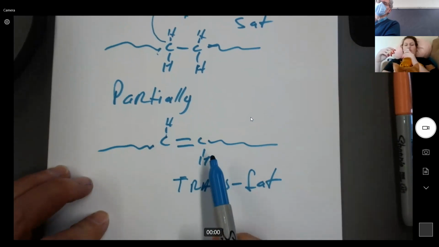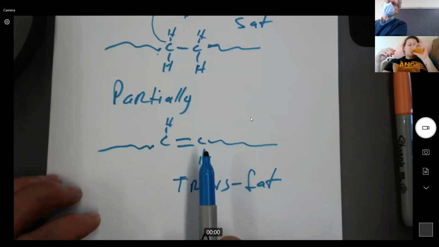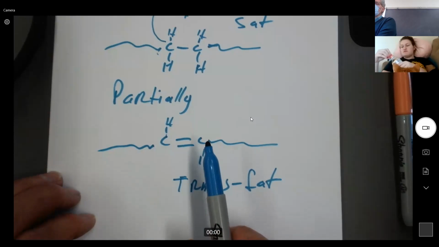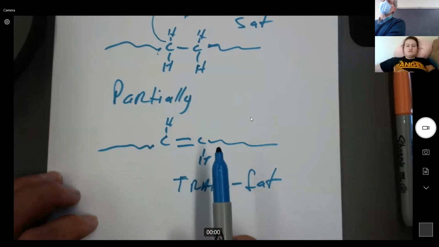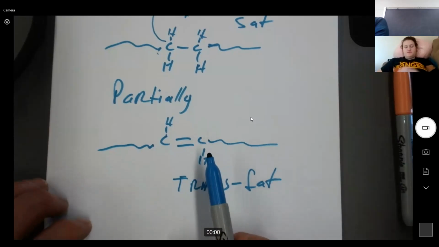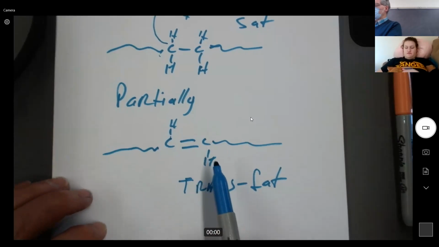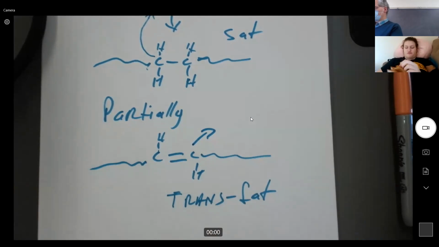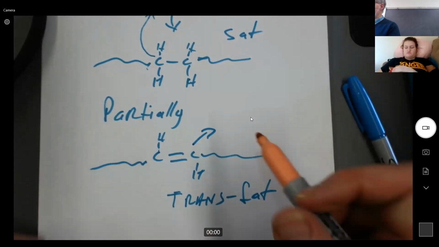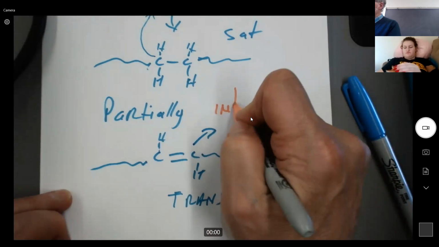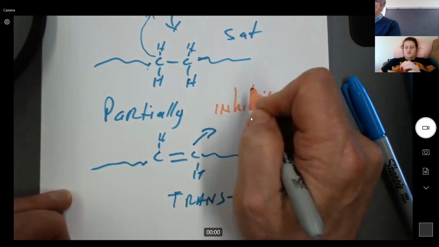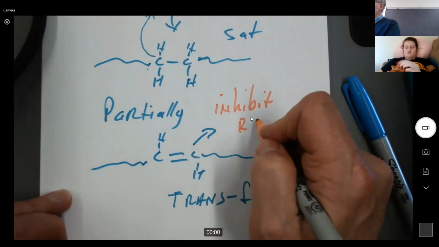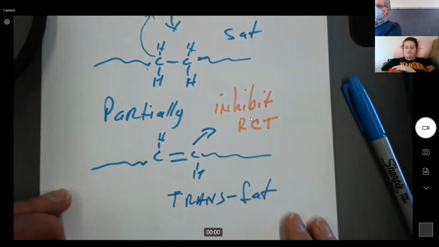Now, when you have food that has this sort of thing, your body kind of looks at that and says, I think we can deal with that, and it can. But when you have high quantities, these will tend to inhibit reverse cholesterol transport.